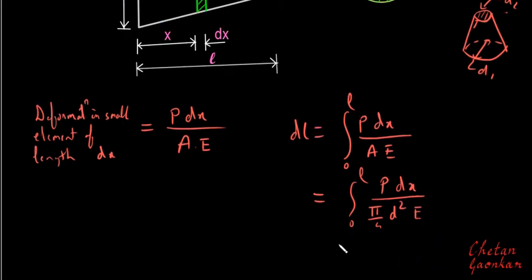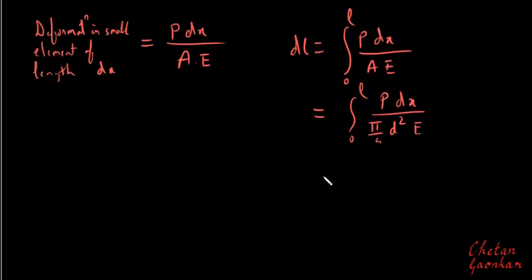Now the constants which I can easily remove from this integration are this 4, then P divided by pi and E, but what will remain inside is this D. What is D?